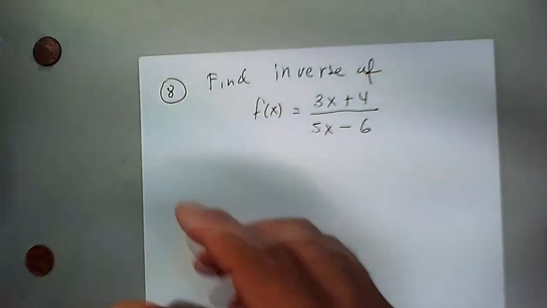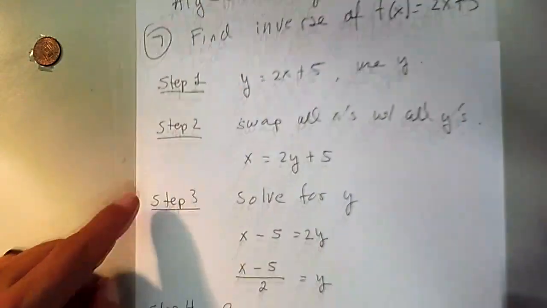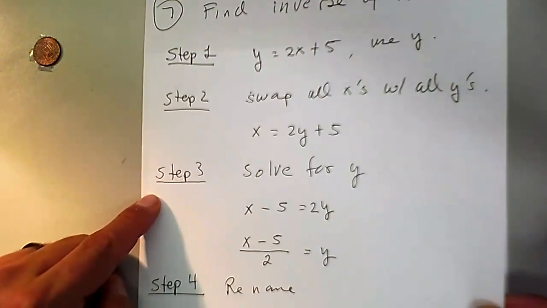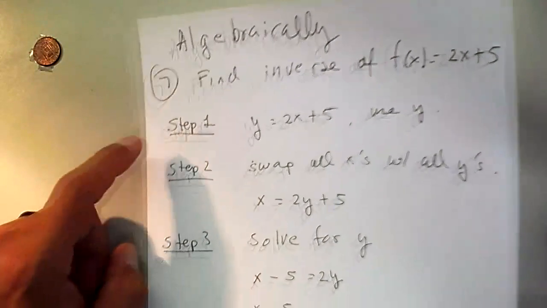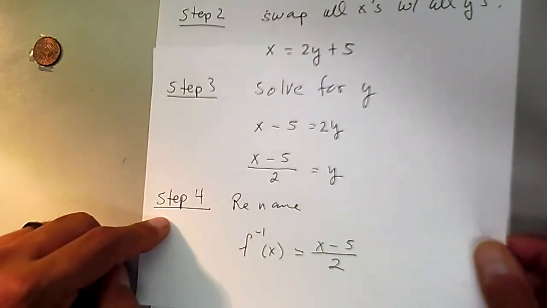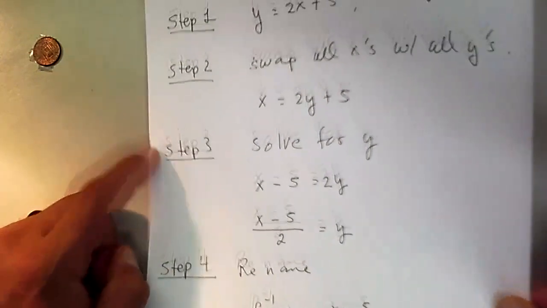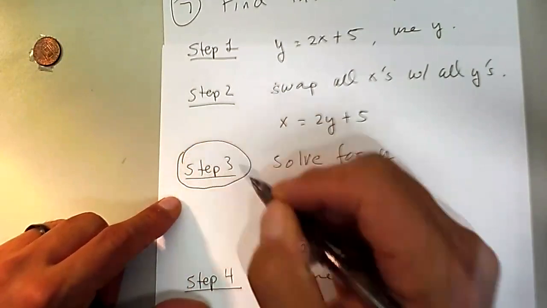By the way, step 1 is easy. Step 1, super easy. Step 2, easy. Step 4, really easy. The only one that is difficult is 3. This is the biggie.